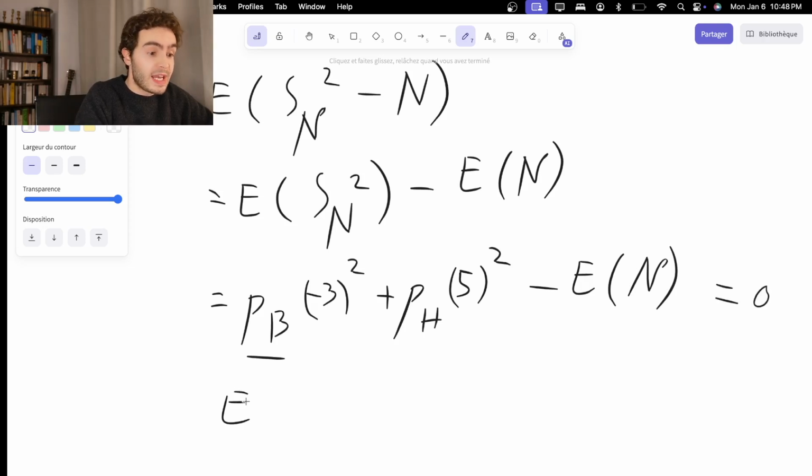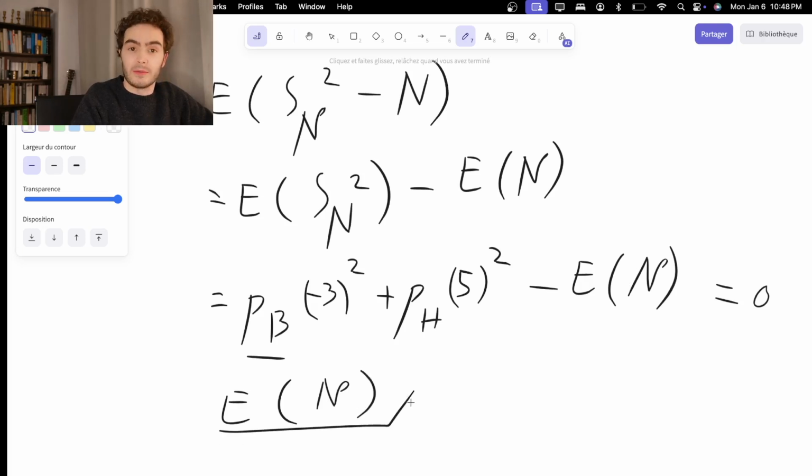Thus, we can easily compute the expected value of capital N.